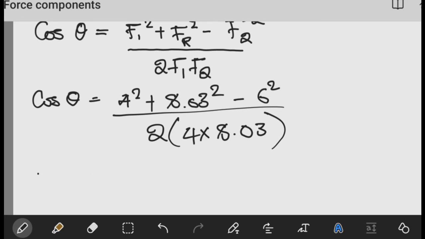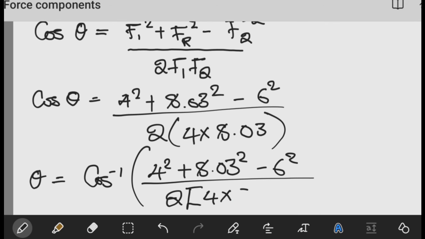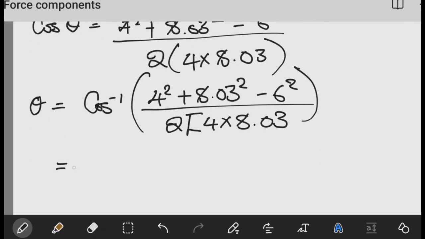So theta is equal to cos inverse of 4 squared plus 8.03 squared minus 6 squared, divided by 2 times 4 times 8.03. You can simplify this, and the angle comes out as 46.25 degrees.